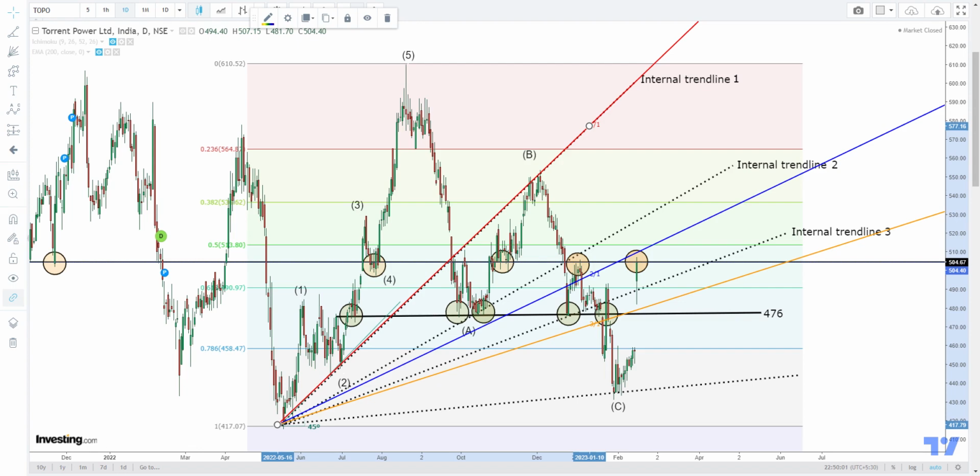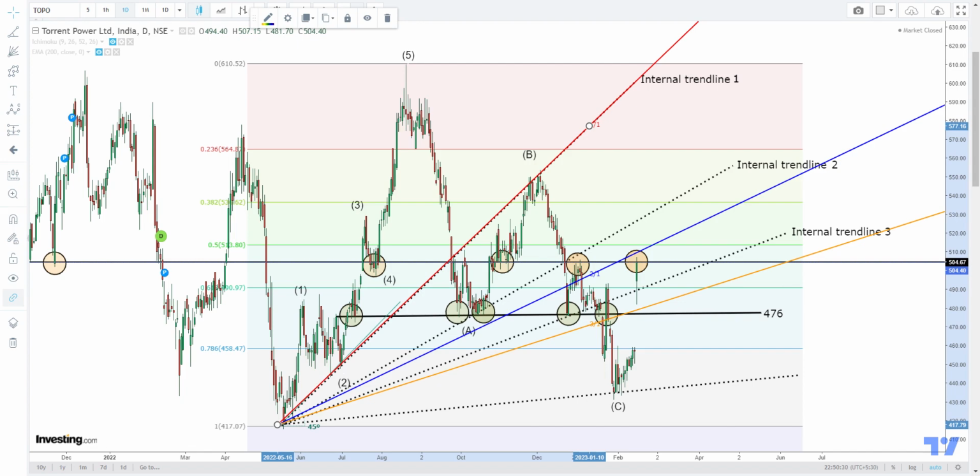At the same time, if you can see, I have marked the wave count also. Wave 1, 2, 3, 4, 5, A, B, C. So it completed its projection C, retracement C, and it took a jump. So it may happen that it may come down somewhere over here, or it may come somewhere over here, make a wave 2, and then it starts making an impulsive wave 3.